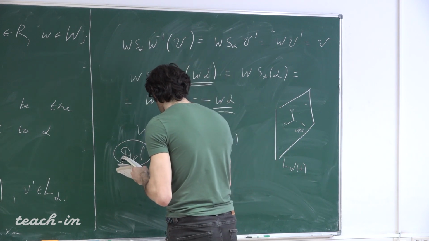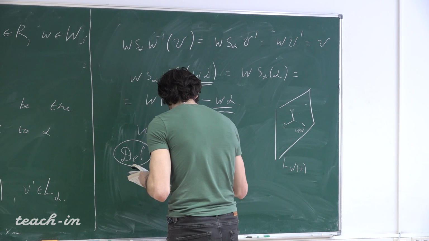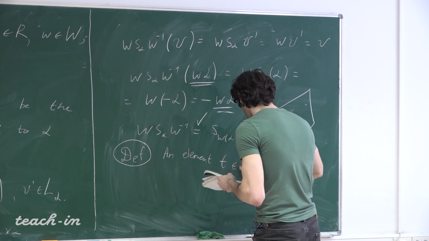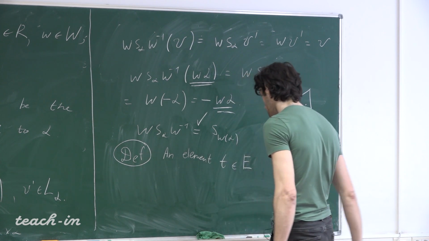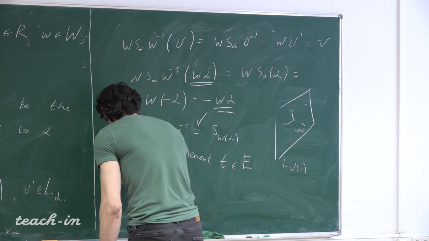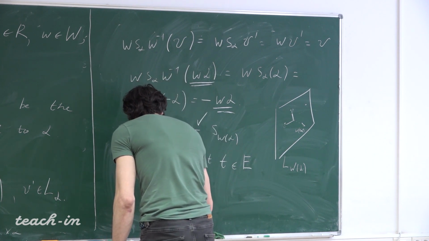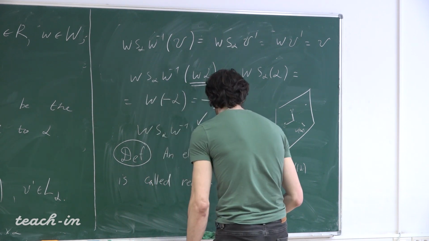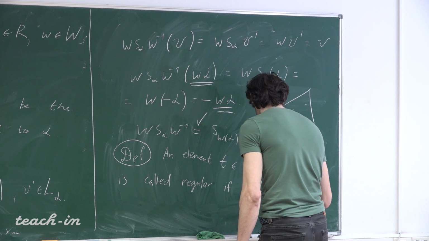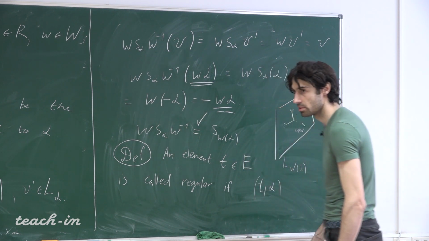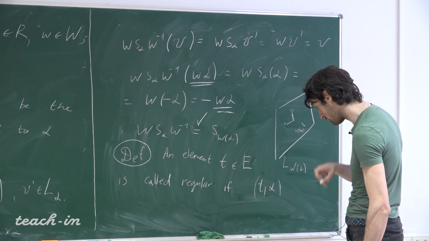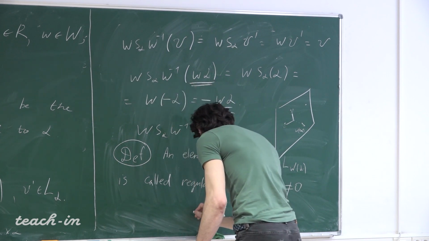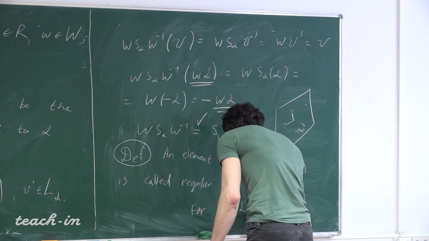So an element T from my Euclidean space is called regular if I compute inner product with any element of the root system, and it's not 0. So for any alpha in R.